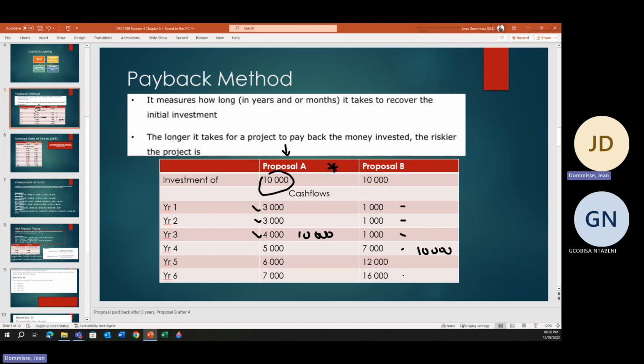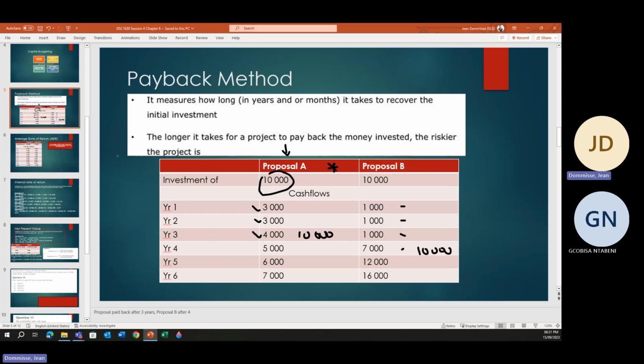They probably will not ask it, but if it sneaks in, at least we have covered it. Because again, I look at this and I'm like, phew, okay, I would rather have gone for proposal B because in the long run, I will get much more money. But obviously, with a payback method, you want to get your money paid back as quickly as possible. Okay, so this is the payback method.